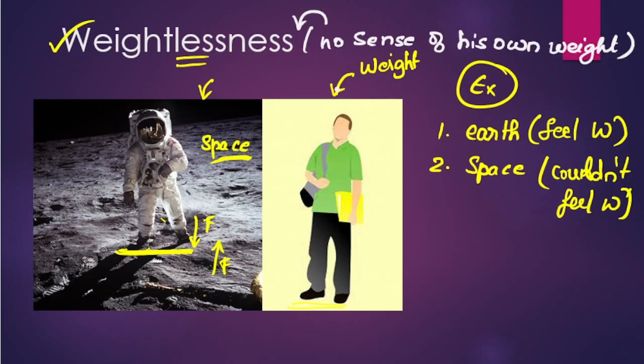Clear? Right. So most commonly, the people who go to space for the initial period of time will face weightlessness in space. At that time, they will have the adaptation syndrome. Most astronauts will experience this in the initial period of traveling to space.